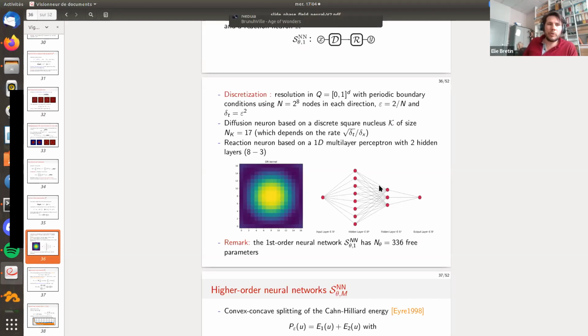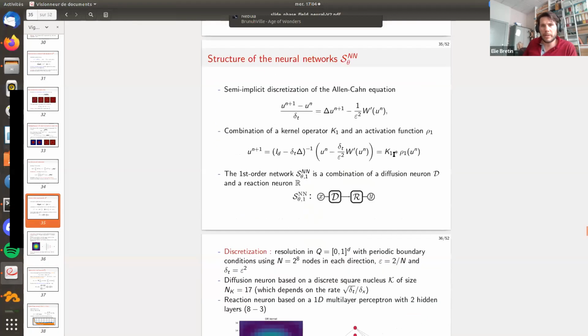At the beginning, we wanted that function to have a typical form which depends on the double well potential, W. So we consider a very small class for ρ1, but we consider 3 kernels for the diffusion operator.